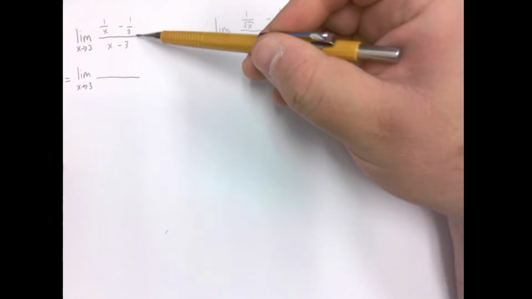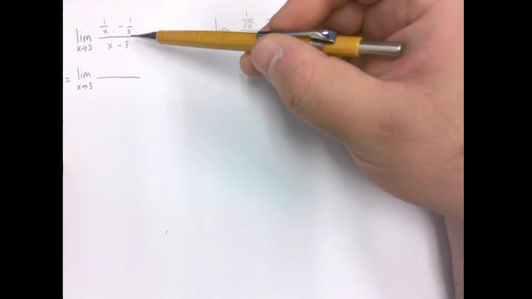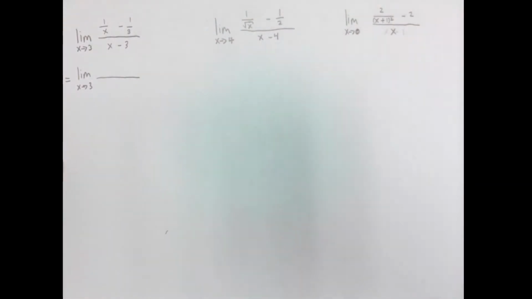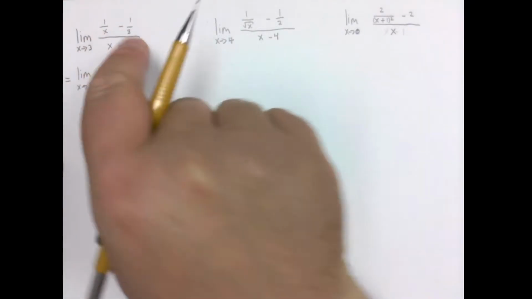Or we can simply get a common denominator for these 2 fractions, and that will achieve the same thing. So maybe let's do it that way first, and then perhaps I'll do the other way I mentioned for one of the future problems. So let's see. The common denominator here, as I mentioned, is 3x.